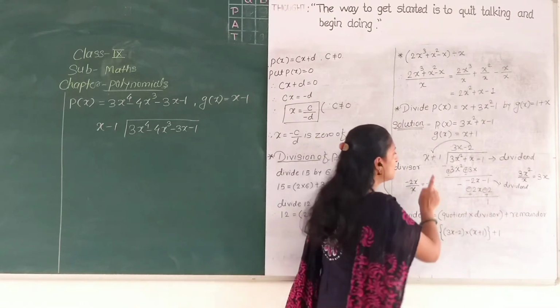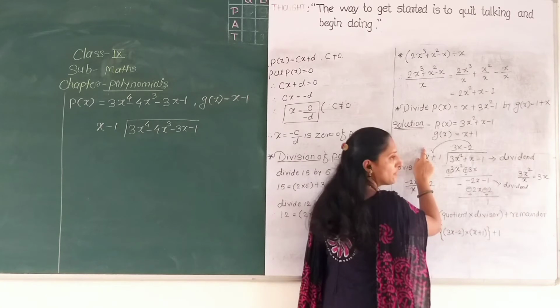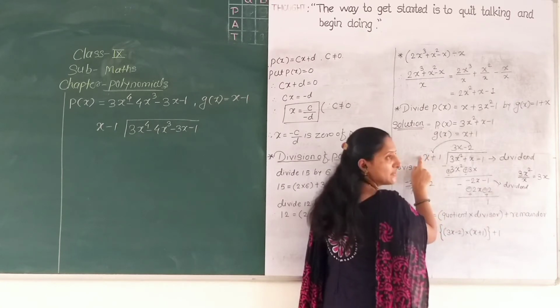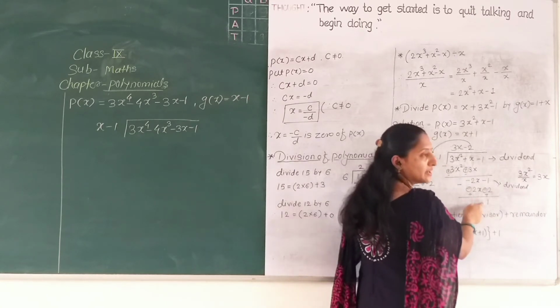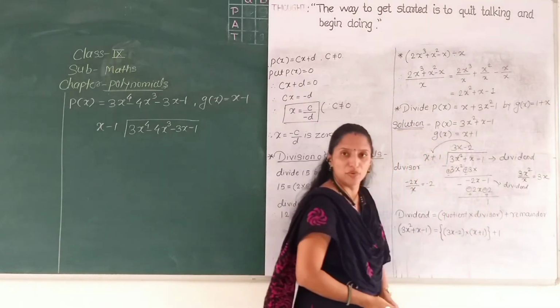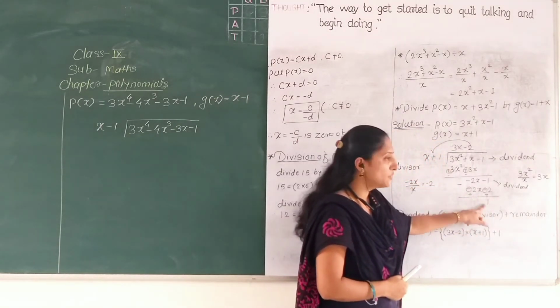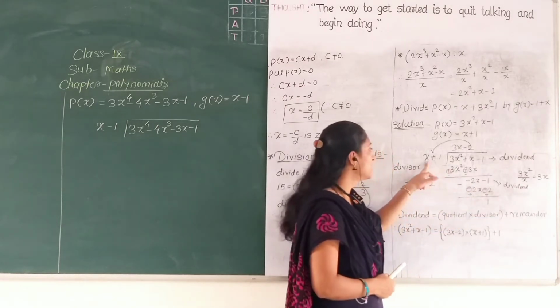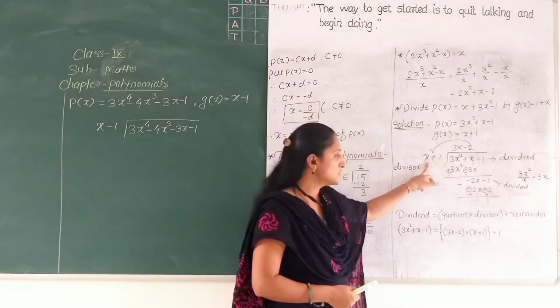Here the degree of the divisor is 1, and the degree of the remainder, that is the new dividend, is 0.